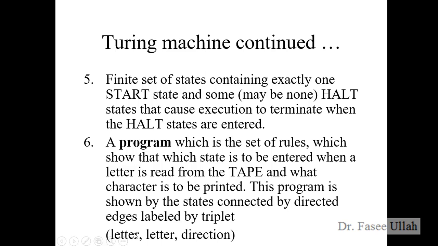The first letter is the state number. If we are moving from state 0 to state 1, it will show q1, state 1. The second letter is the representation of the output value of that particular state. That means q1 will be replaced by that state's output, like A, in the output tape. And the direction means whether it is going toward left or right. That is the important thing. We will see in the coming diagram how we can implement letter and direction. This is called, combined, the triplet.